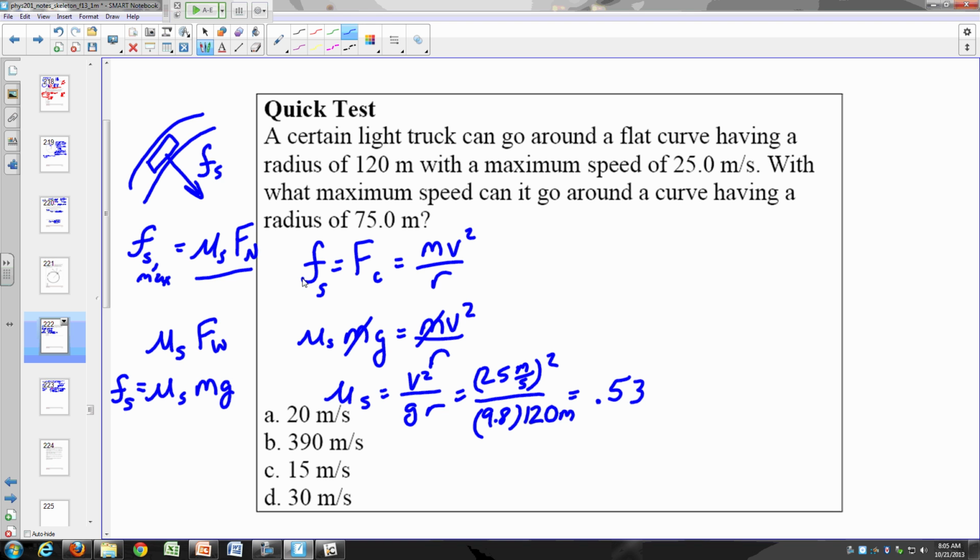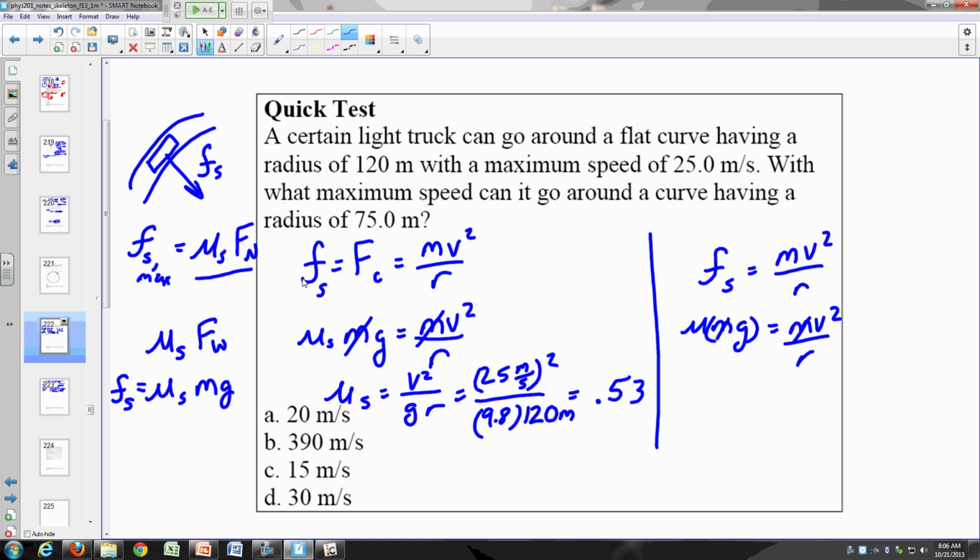All right, so now I have a new curve, and I want to figure out what is the new maximum speed. So I just start back where I was. Fs equals mv squared over r, and that's going to be mu mg. That's my static frictional force, equals mv squared over r.